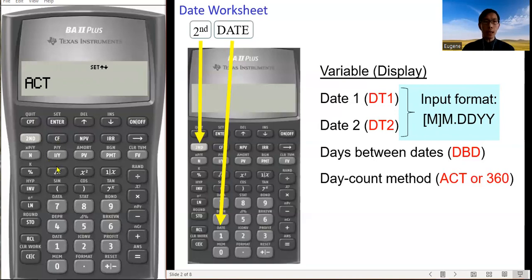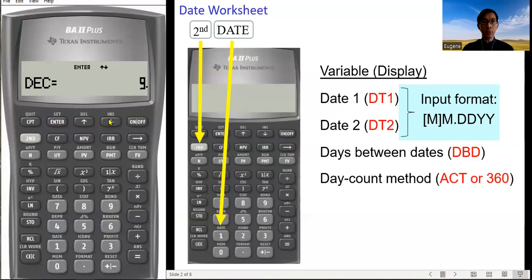In my calculator, I already set it to the US format. To check your setting, you press the second key and then format. Format is the second function of the decimal point. So press the decimal point, and we get to the format worksheet to do the setting.